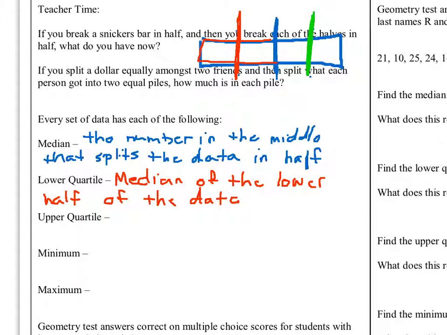Upper quartile. This one should be easy now that I gave you the definition for lower quartile. Which means more than, there we go. There's a couple more. Kendrick. Perfect. Median of the upper half of the data.